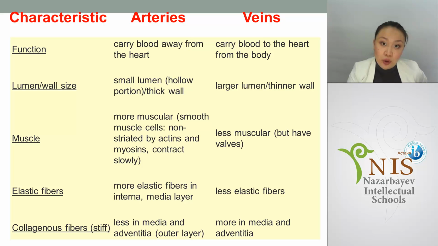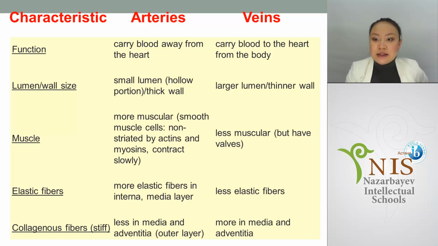Lumen, wall size. Small lumen in arteries, hollow portion but thick wall. In vein, larger lumen, thinner wall. Muscle: in arteries, more muscular, smooth muscle cells, non-striated, with actin and myosins, contract slowly. And in veins, less muscular but have valves.